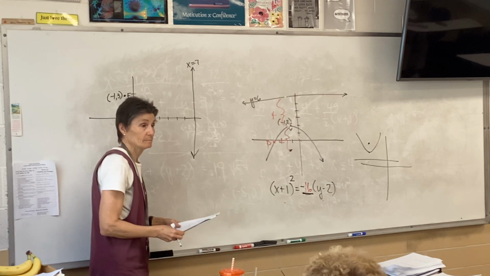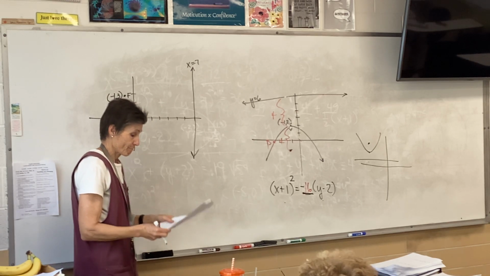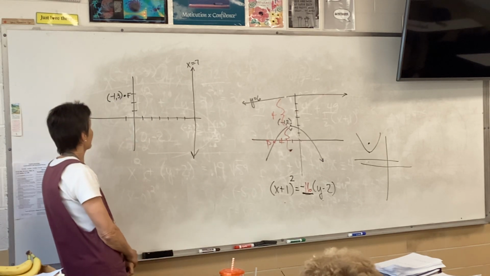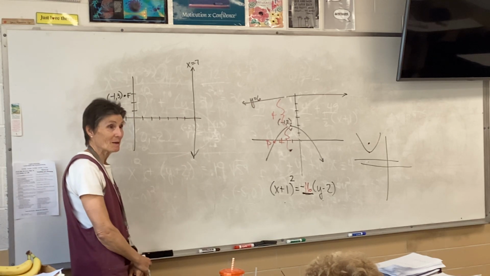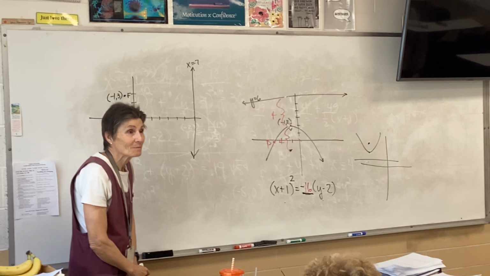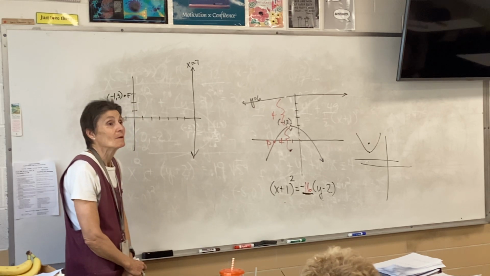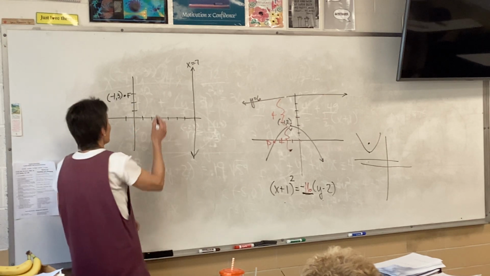Okay? Now, tell me what you know about this, Brennan. Well, the focus is in the direction of where the parabola is. So the parabola is going to the left. Yes, very good.